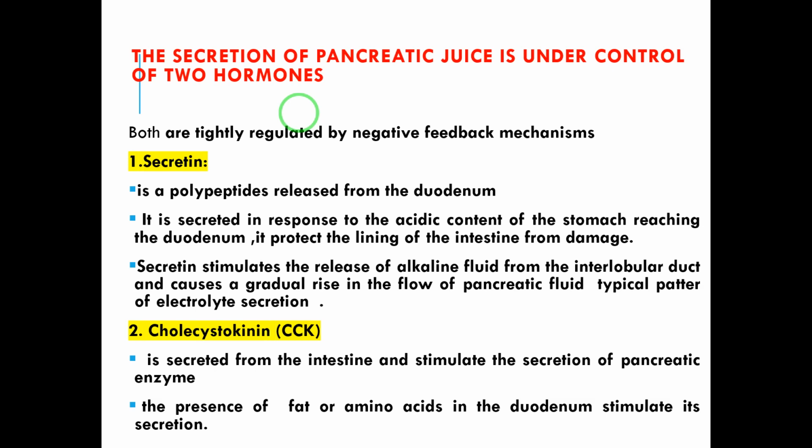Secretin mainly stimulates the secretion of pancreatic fluid rich in bicarbonate and increases the pancreatic flow, and it is released from the duodenum, while cholecystokinin mainly stimulates pancreatic enzyme release.